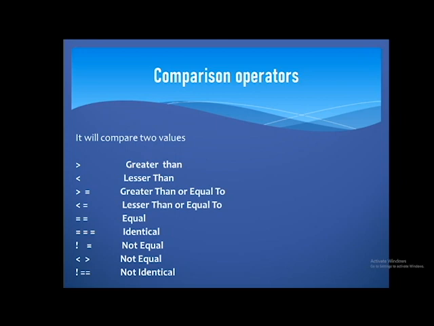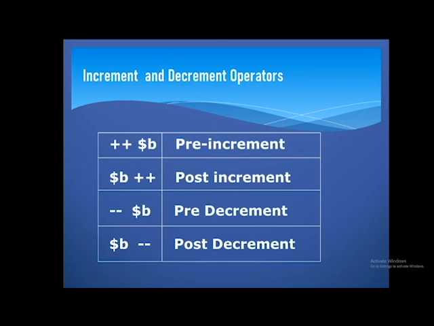Increment and decrement operators: plus plus $b is pre-increment, $b plus plus is post-increment, minus minus $b is pre-decrement, $b minus minus is post-decrement. Plus plus $b, that is first it will increment the value, then only it will assign.